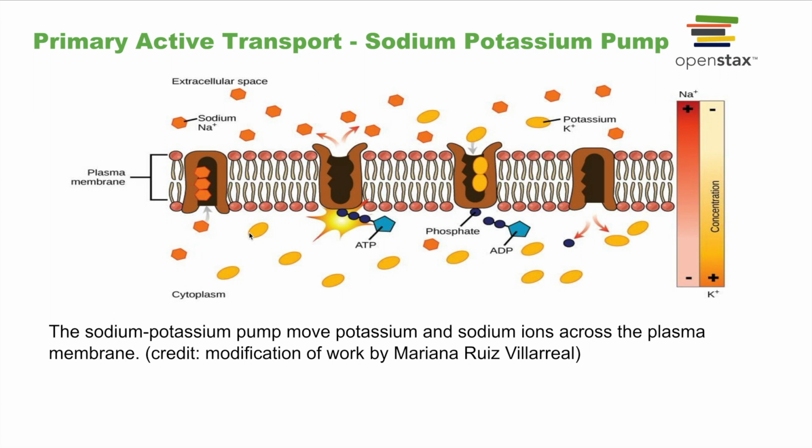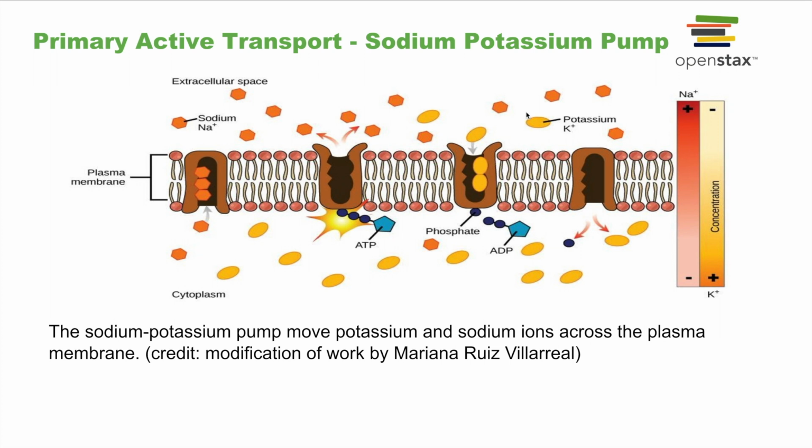Okay, so how does it work? When these sodium ions attach to the pump, the ATP comes in and binds to this protein. It's a transmembrane protein, and it's also a channel. It changes the shape of this protein, so then it spits out 3 sodium ions.